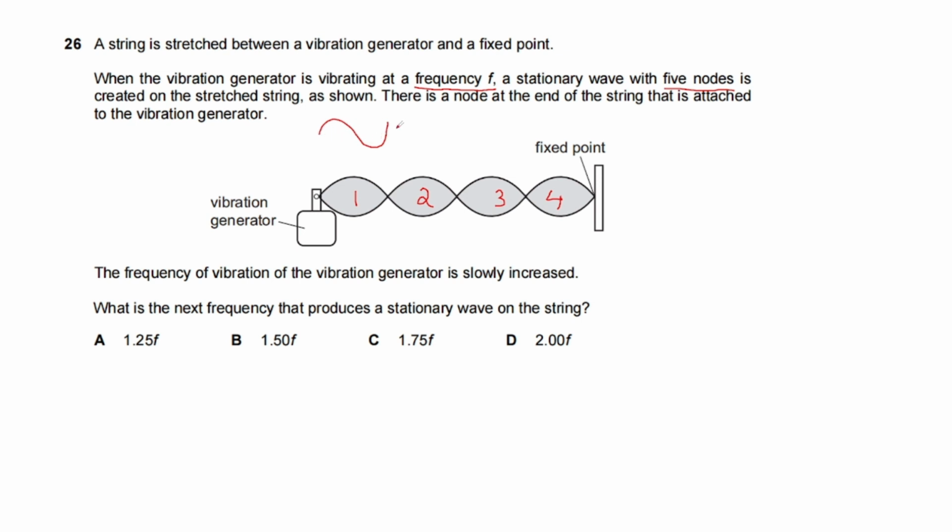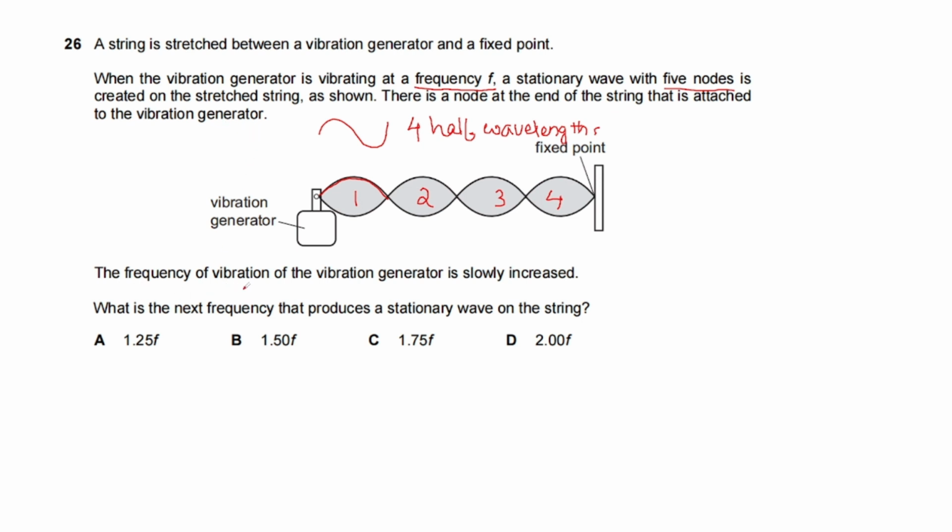This is one full wavelength, but we have half wavelengths, so like this, we have 4 half wavelengths in these 5 nodes. There is a node at the end of the string that is attached to the vibration generator.